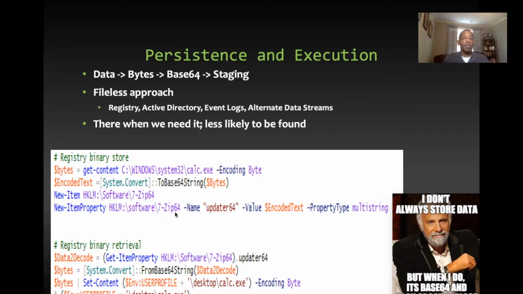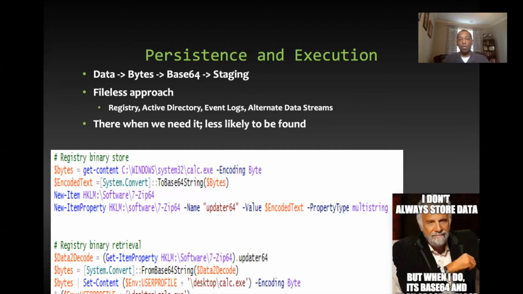Within that 7zip64 key, I'm creating a value called updater64, and then I'm going to feed it my base 64 text. Now, why did I call it 64? Well, 7zip is legit, and if you really throw 32 or 64 or some combination of either of them off of something that appears legit, most people would just walk past it because in their mind they're like, it looks legit.